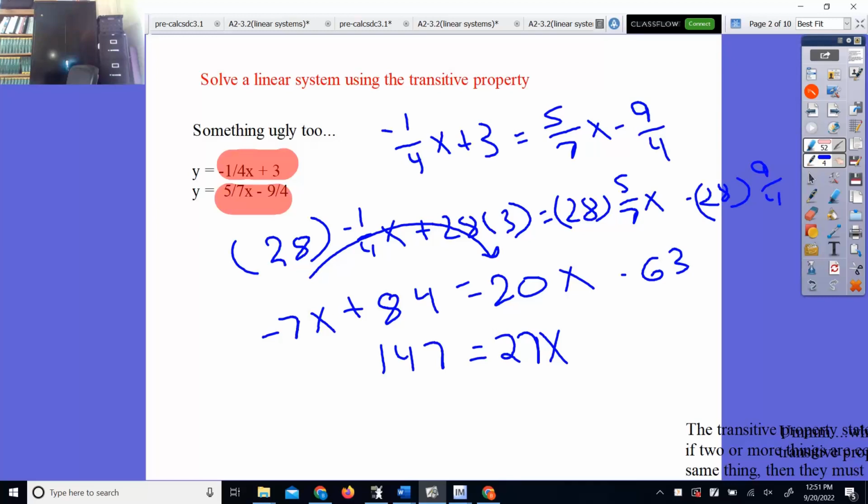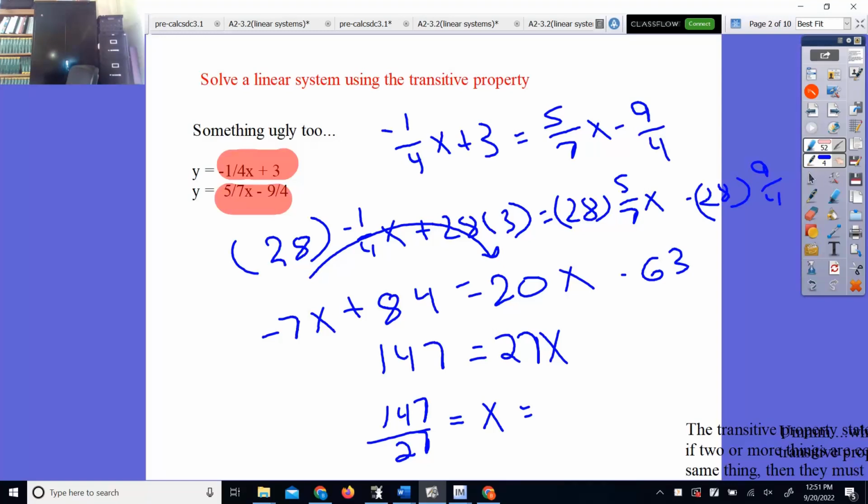What are you going to divide by? 27. I guess it's not that hard when you're used to punching buttons on a calculator though. But I actually do everything so I can do it mentally. 27, what's it divisible by? 9 and 3.